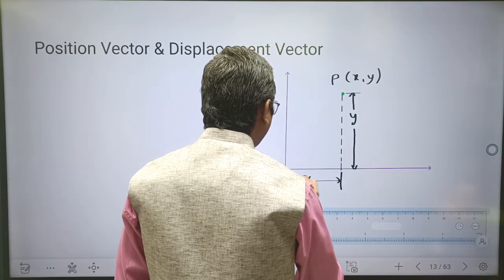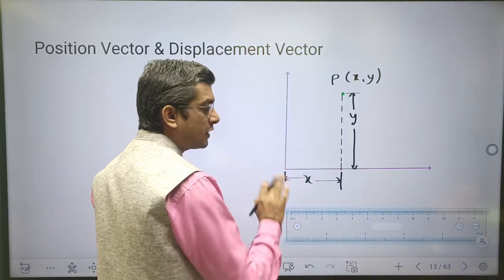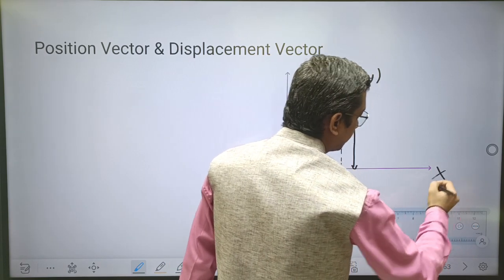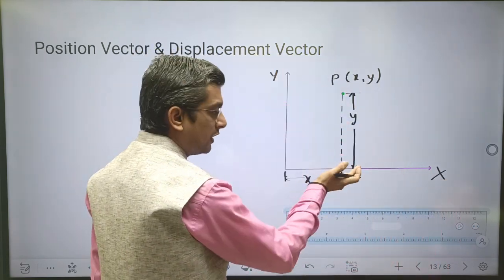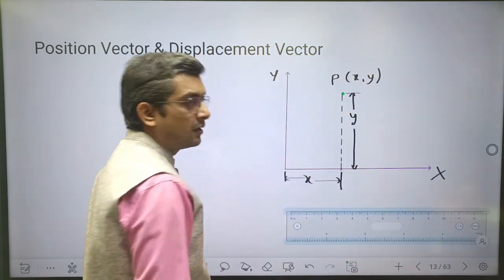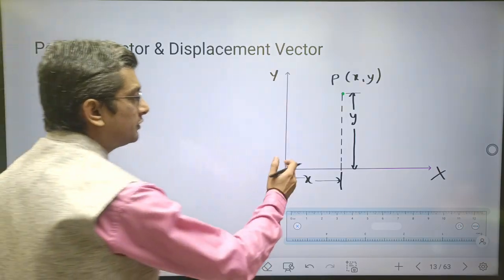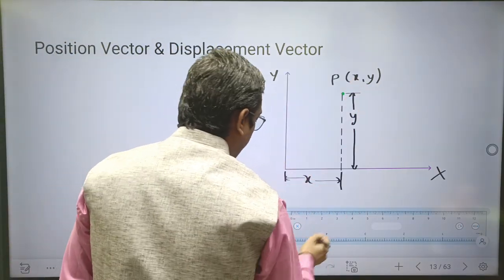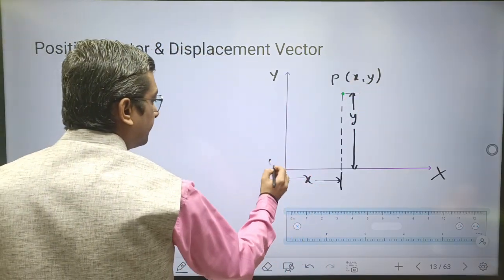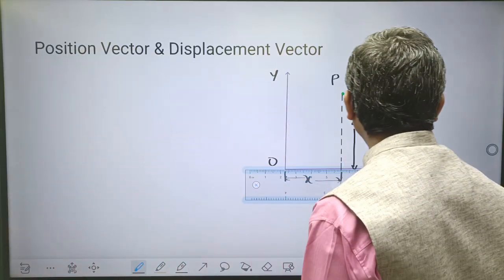So what happens to locate particle P? We have to move x distance towards the x-axis, this is the x-axis definitely, and we have to move y distance towards the y-axis. So this is how we represent the particle. Now this is the origin. Now join these two lines, join this one.